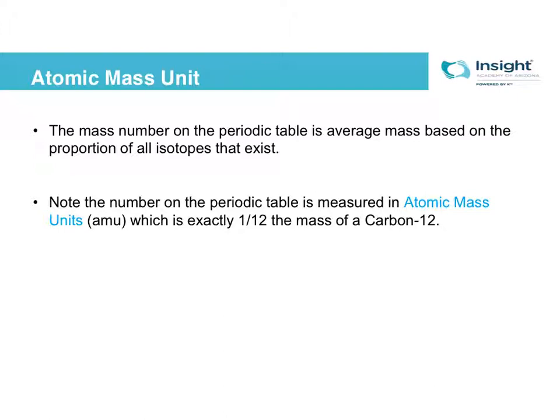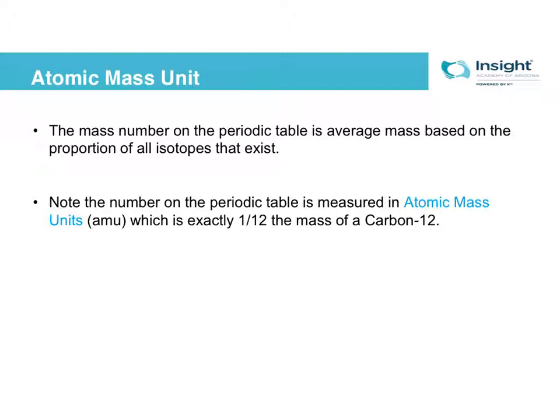It's just there's some that are going to be 13s and 14s, which makes that overall average mass a little bit bigger. You don't need to know how to calculate that. I just want to make sure you understand that there is no such thing as a partial neutron. That's including the isotopes in the overall average mass calculation.